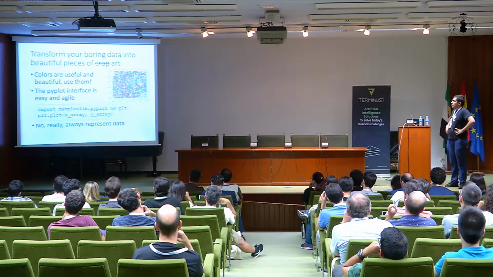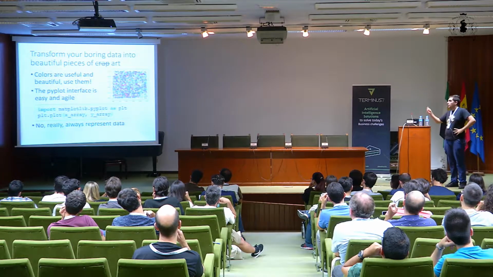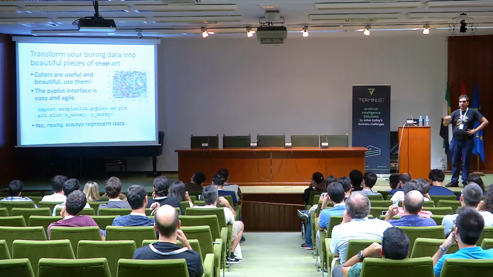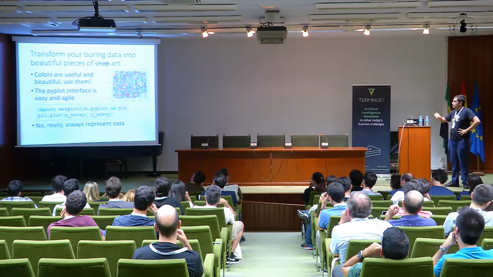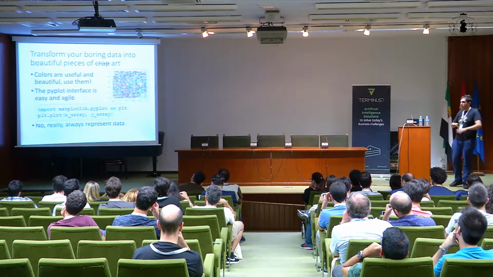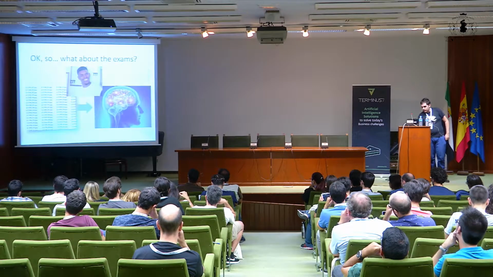Matplotlib comes with a very useful interface, which is pyplot. It's like a sub-library inside Matplotlib that we will use to get very quick functions in order to plot with only a couple of lines.